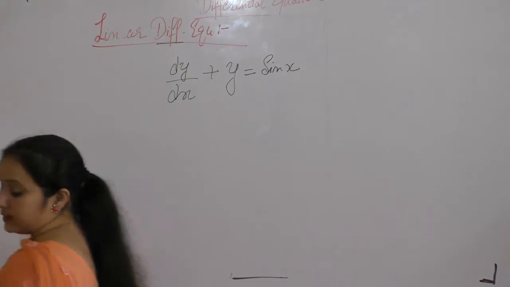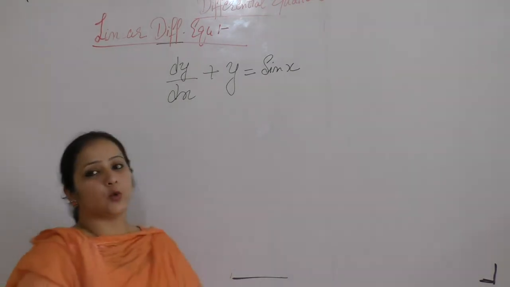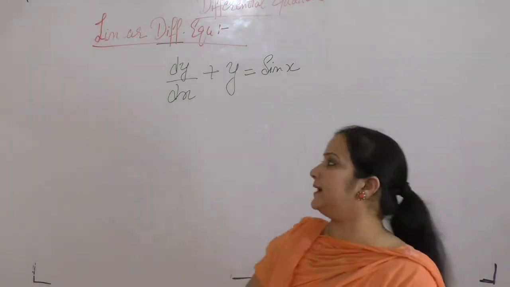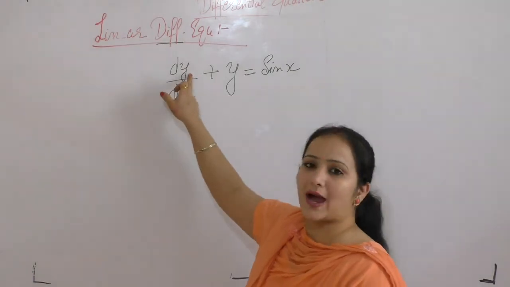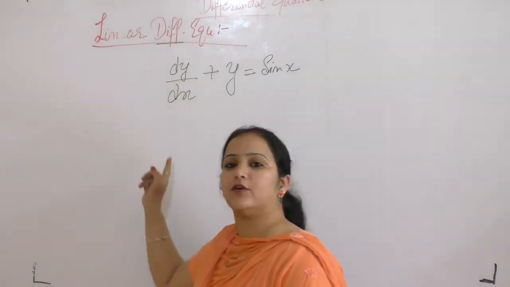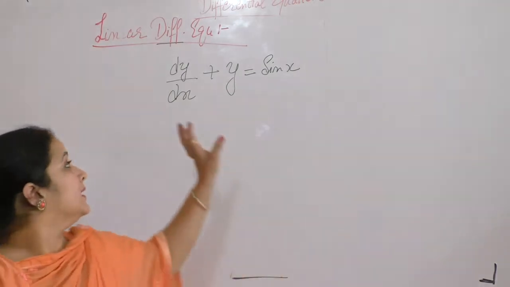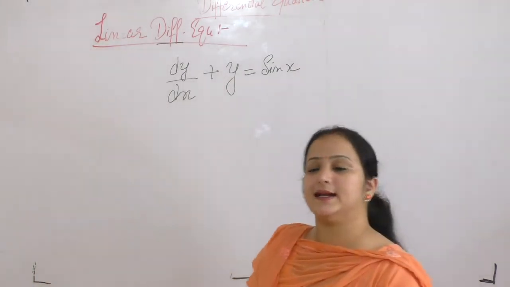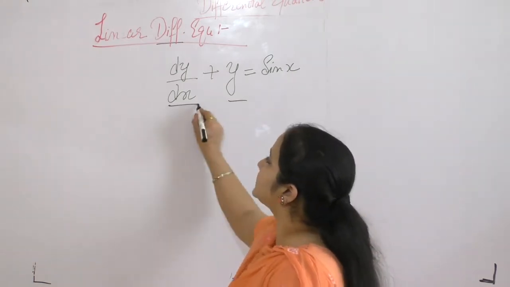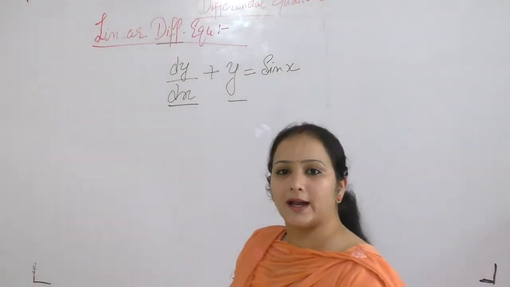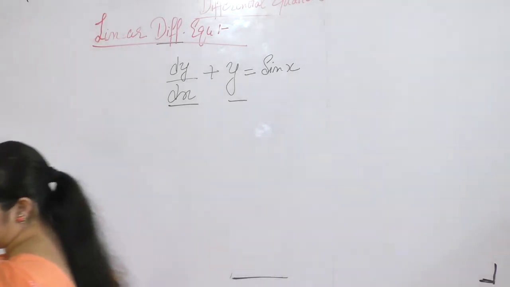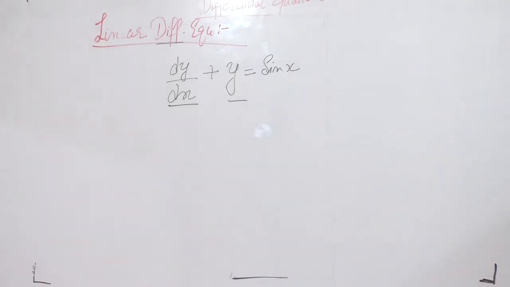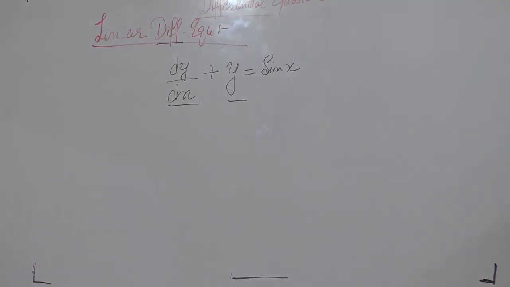Say the equation in which the dependent variable y, because y depends on x, and its derivative with respect to x has degree 1, or we can say is of first degree, is called a linear differential equation.